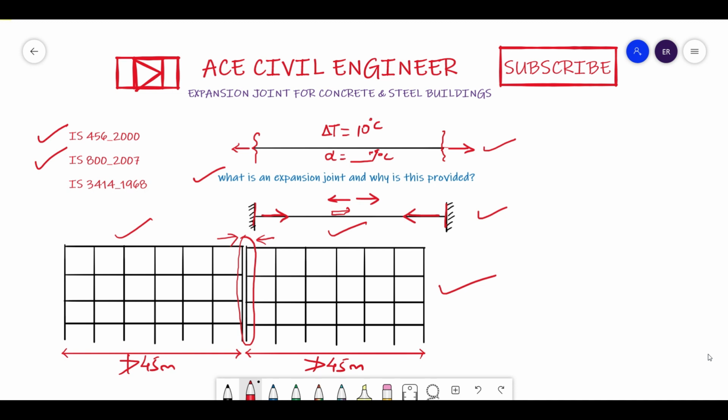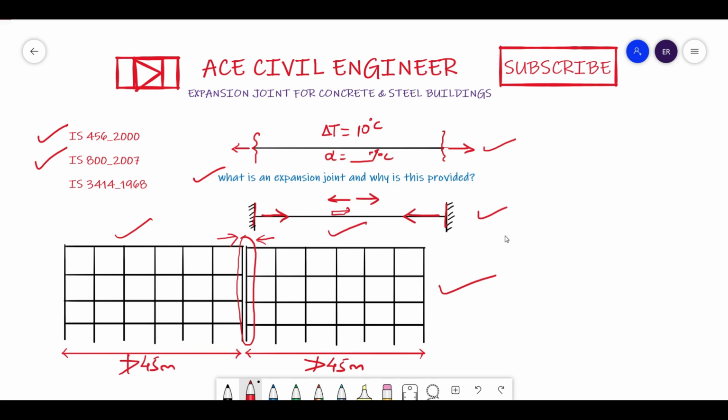For suppose at what temperature you have laid the concrete, that is one factor, and the other is in what exposure weather condition this structure exists. Based on these factors we have to understand whether the provision of an expansion joint is necessary or not, and if it is necessary, at what location and at what distance we need to provide it. These are the things the IS code clearly mentions, friends.